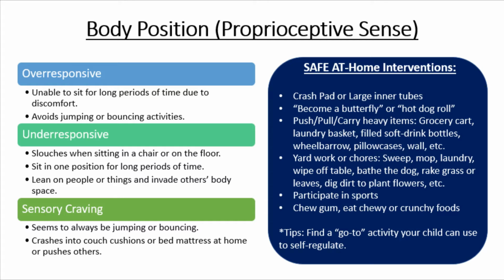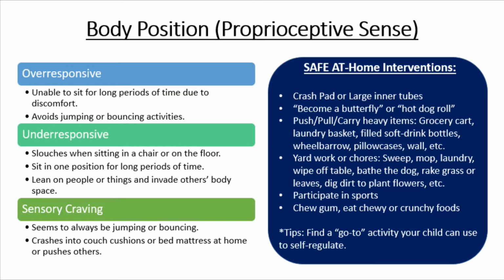Another really cheap way to get these kiddos their input is to have them push, pull, or carry heavy items, such as a grocery cart. It may be at the shopping center, or it could just be a toy grocery cart.